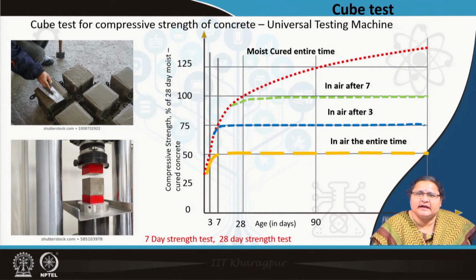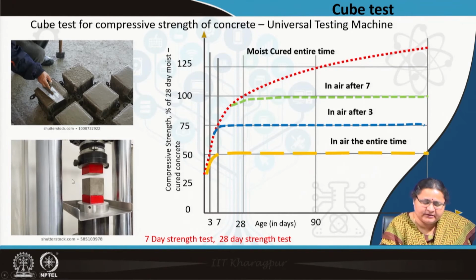Next day onwards they are immersed in water so that they can get hydrated, they can maintain the moist condition, and after 7 days they are tested under a machine which is called the universal testing machine.